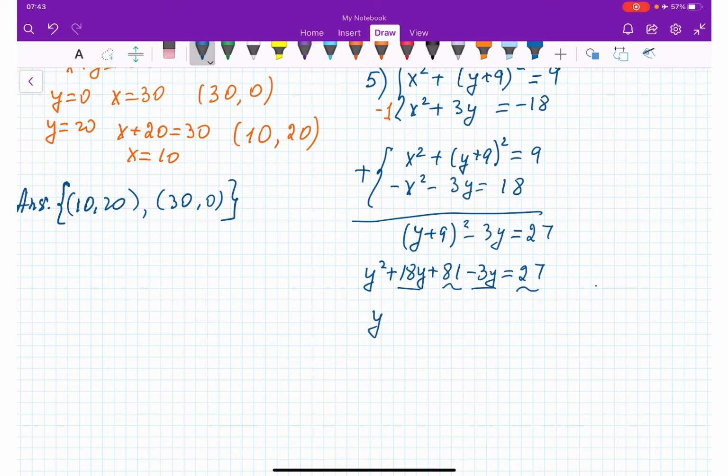And we are getting y squared, 18 minus 3, 15y, 81 minus 27, 54, equals 0. Okay, so let's see if we can break it down.